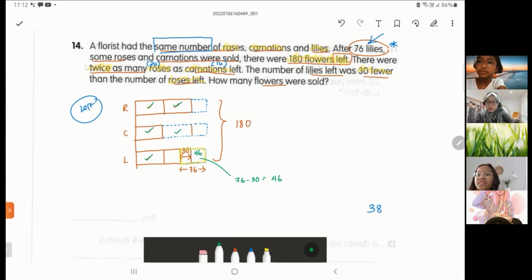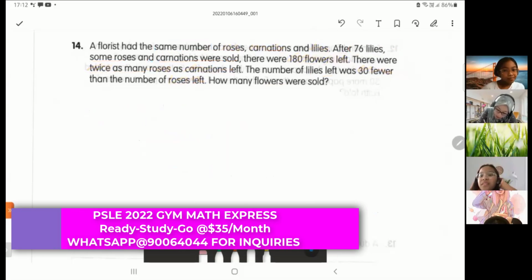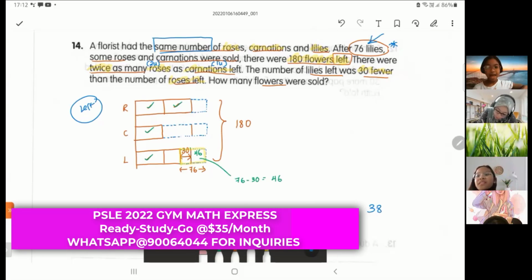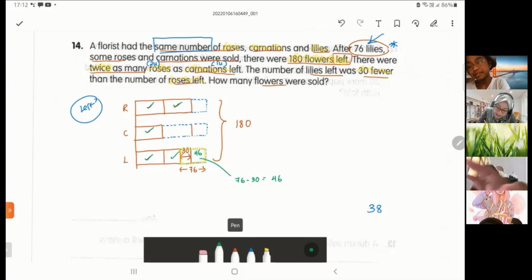Can you see? Okay. So my 5 equal parts is actually 100 and, sorry, this one, we don't want to use this equal part. Instead, I will use the lily equal part. Okay. I will use this 5. So which means I add in the 30. Once I add in the 30, it becomes 5 equal parts.